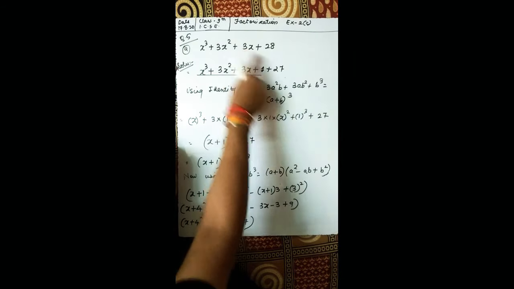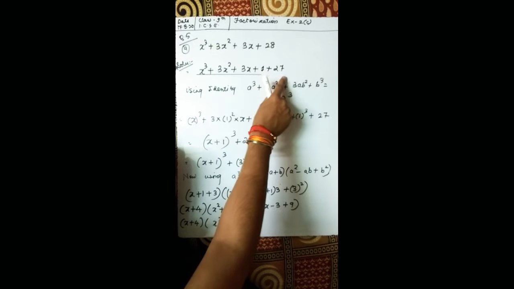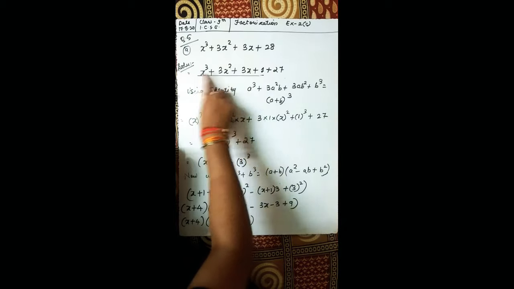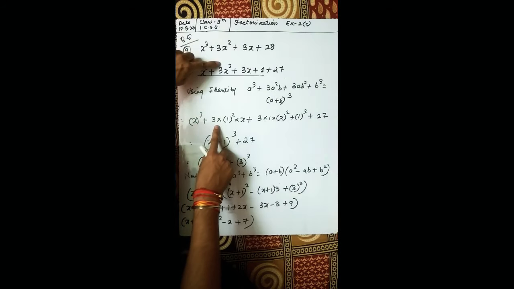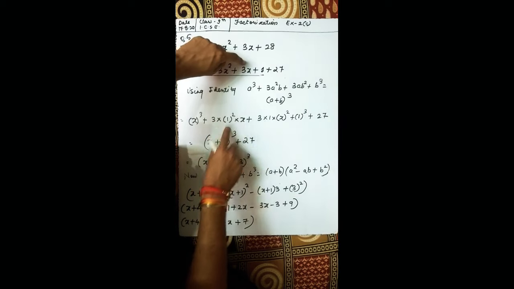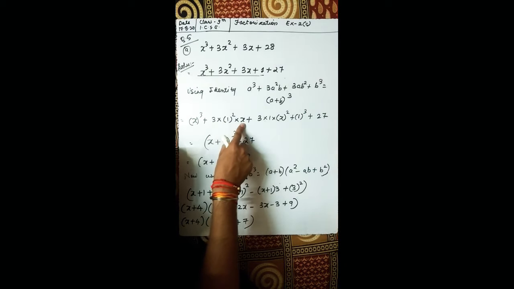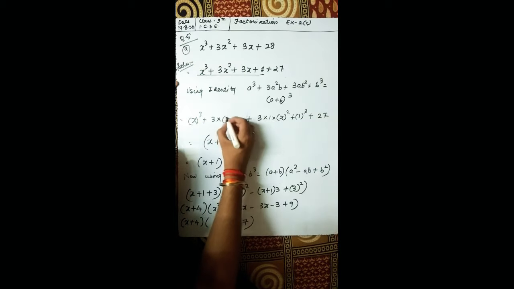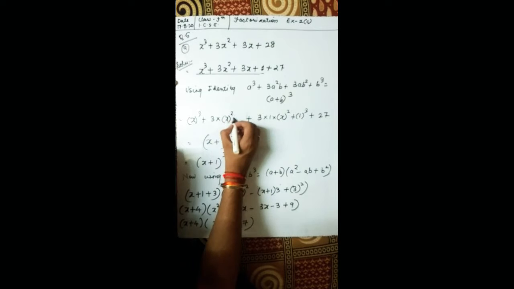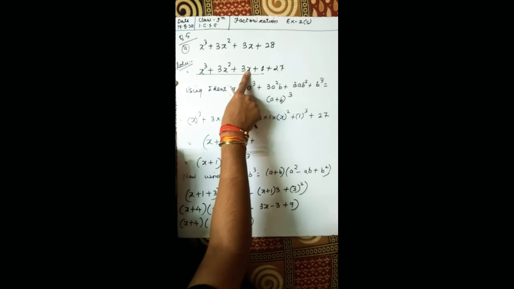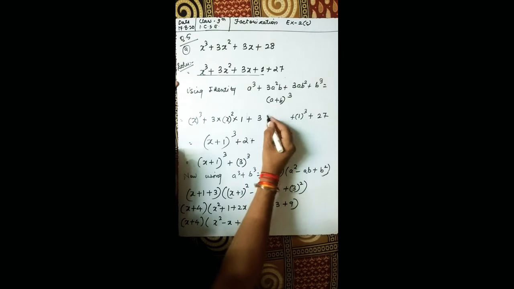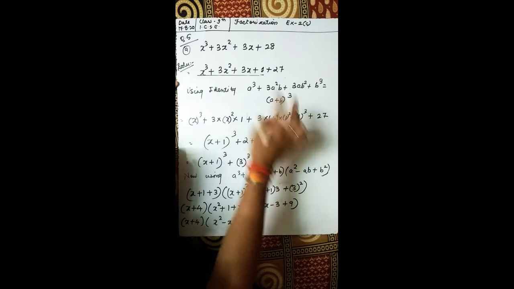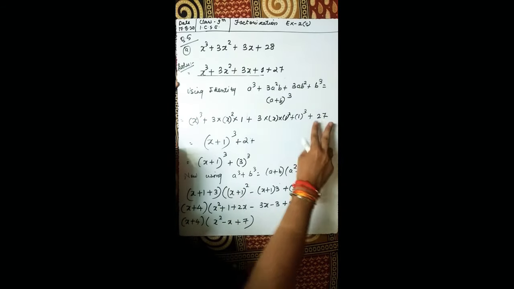You can cross check with this also. That is why we are writing 28 as 1 plus 27. So that is how we got this identity, and I'm writing this expression as x cube, and 3 into a square, which is x square, into 1, then 3 into x into 1 square, so b is 1, and 1 can be written as 1 cube and 27 as it is.